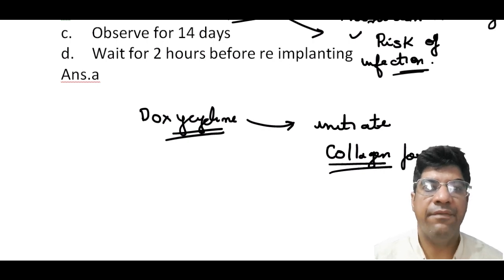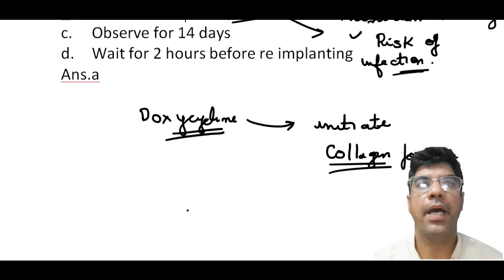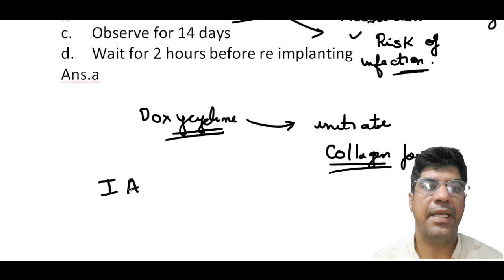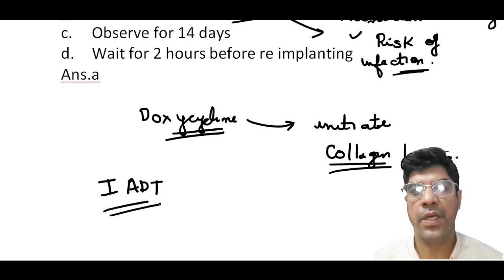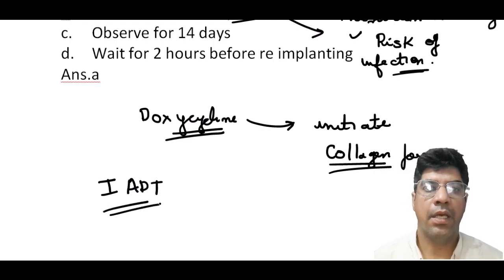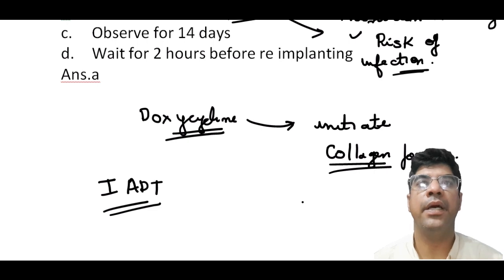And what is the time for the splinting? According to the guidelines by IADT, that is International Association of Dental Traumatology, the splinting should be done for 4 weeks.